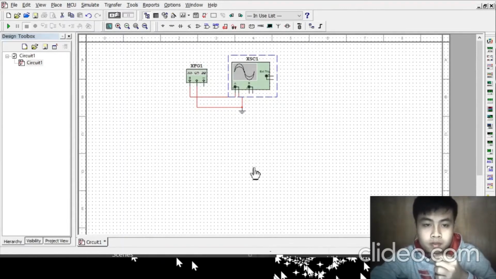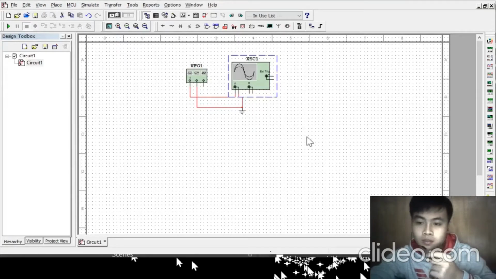First is the function of the function generator, and second, I will show how I determine the period and also the voltage peak to peak.